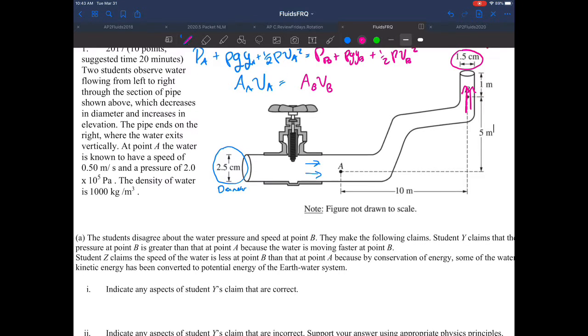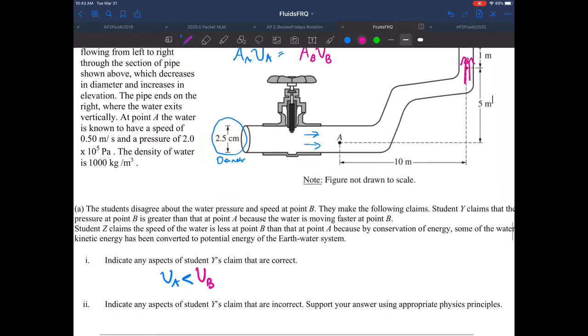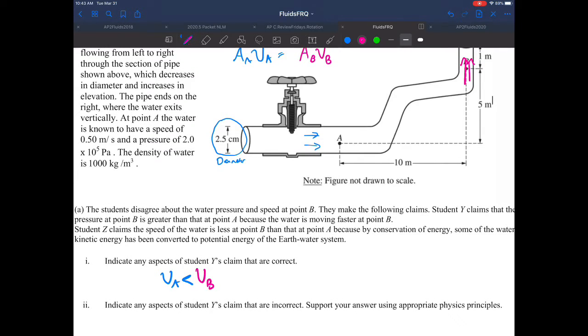Okay, so indicate any aspects of student Y's claim that are correct. We say that student Y's claim that the water is moving faster at B is correct. It doesn't tell us to justify, so move on. Indicate any aspects of Y's claim that are incorrect. Here they say that PA is going to be less than PB, and we disagree.